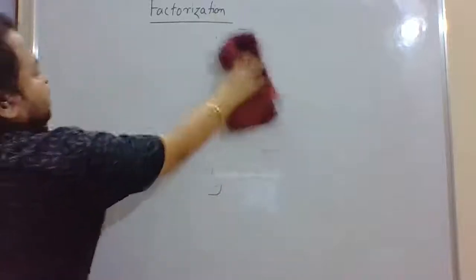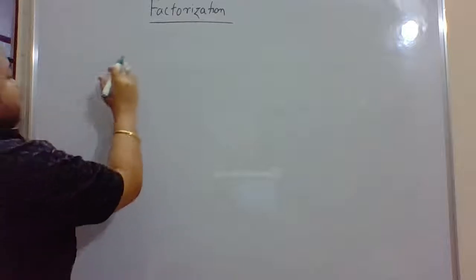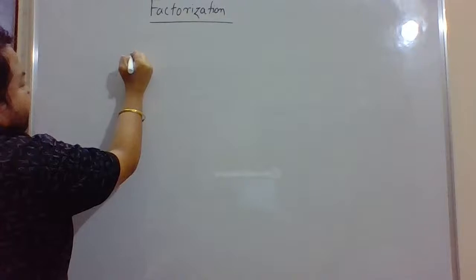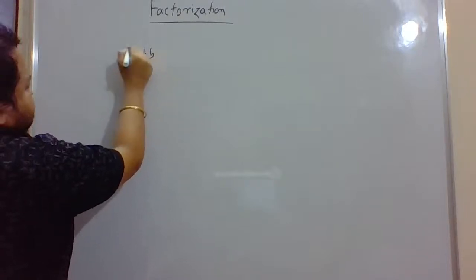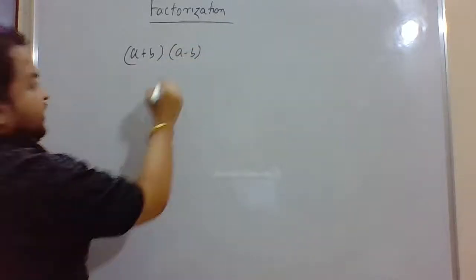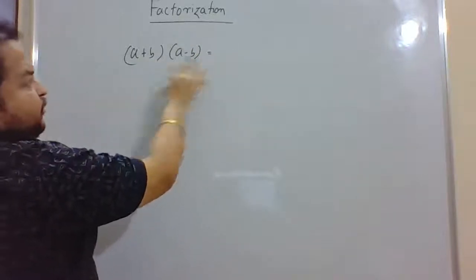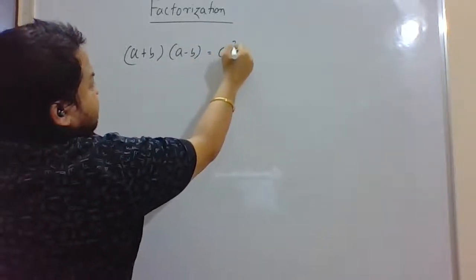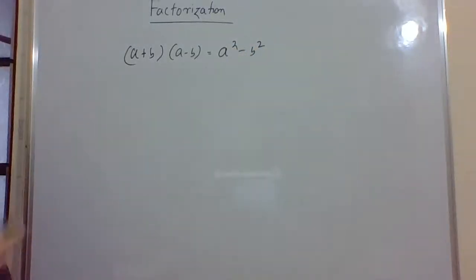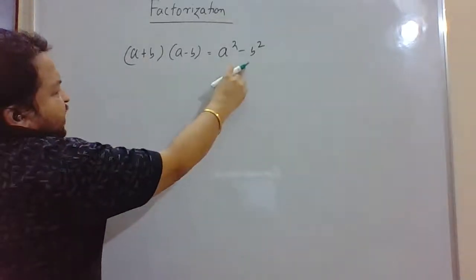So if two terms, right? We know if we are multiplying a plus b with a minus b, what do we get? We get, and I'm just directly writing the formula because we already know this, a squared minus b squared, right? So if multiplying these two, we are getting this.